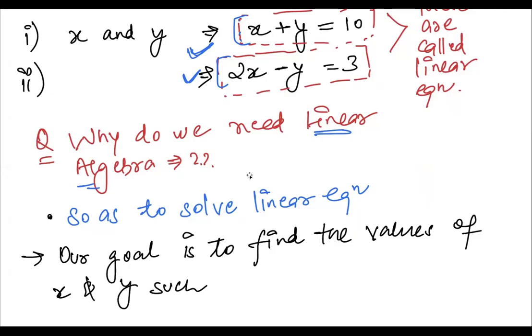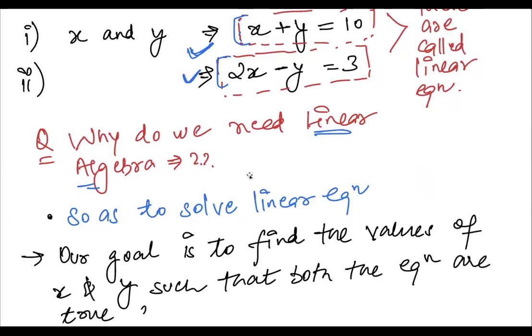Our goal is to find the values of x and y such that both the equations are true at the same time. So what we are trying to do is find the values of x and y so that these two equations become true.